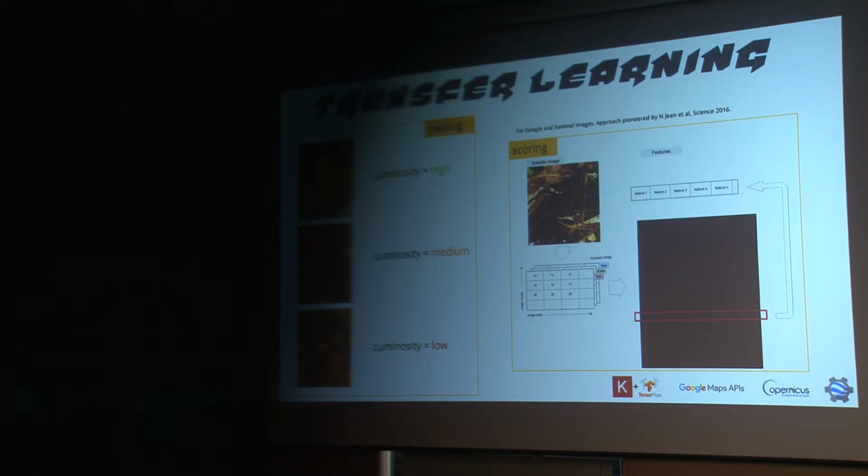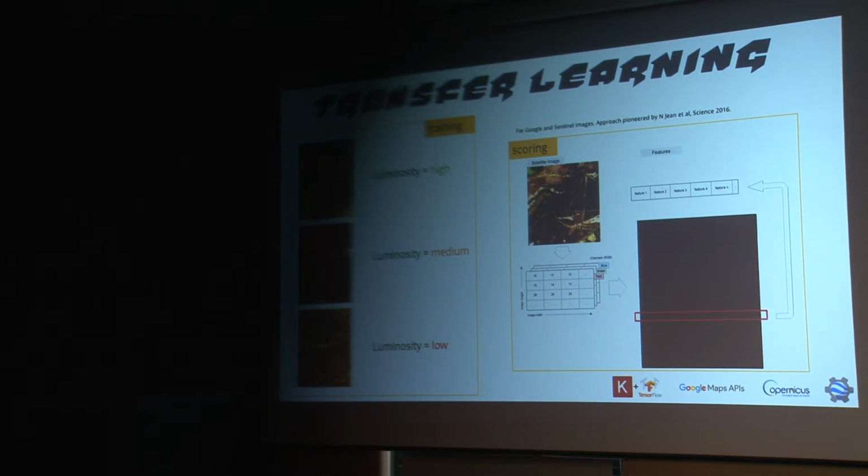We tried the same approach, but not to recognize faces, to recognize luminosity at night. Why luminosity at night? Because it's a good proxy of poverty, meaning that if there are no night lights, it's a poor place, and if there are a lot of night lights, usually it's a healthier place with more infrastructure.